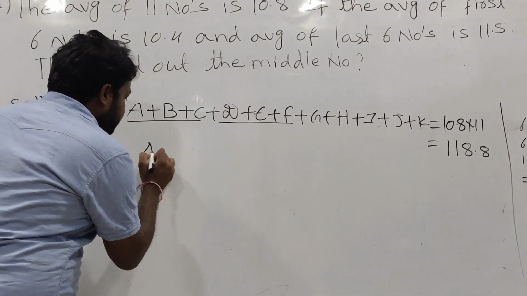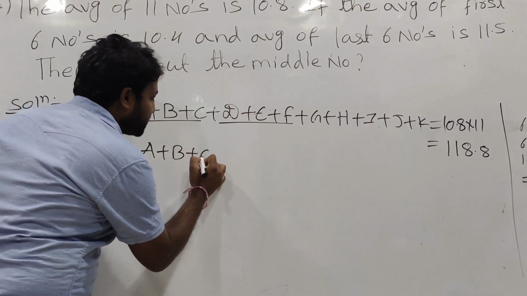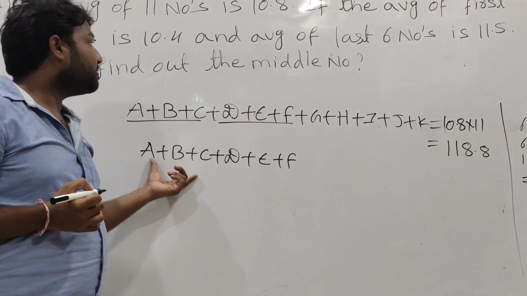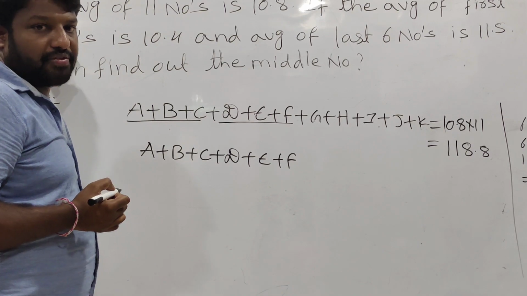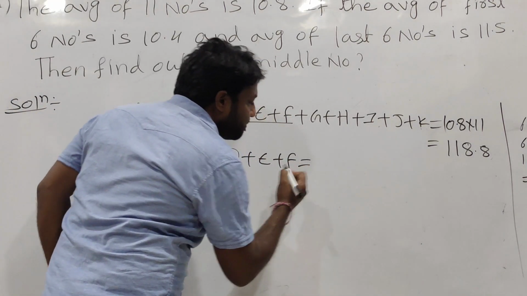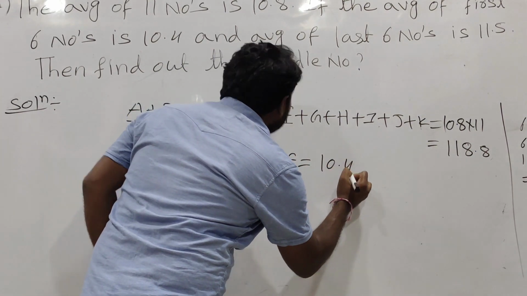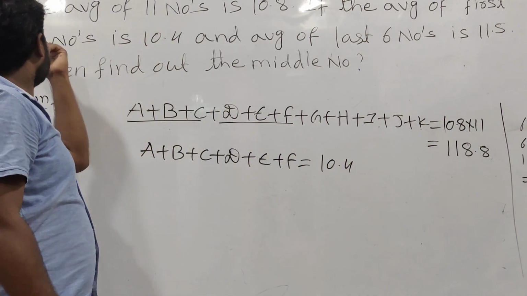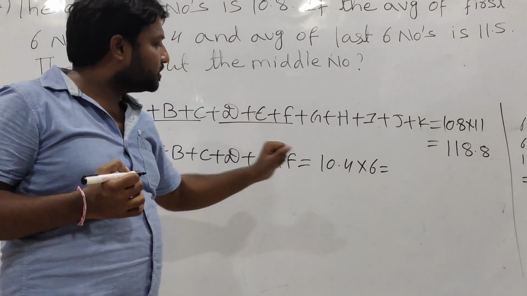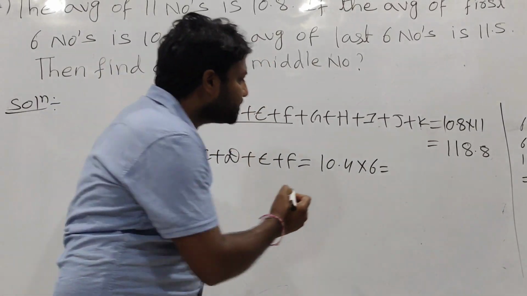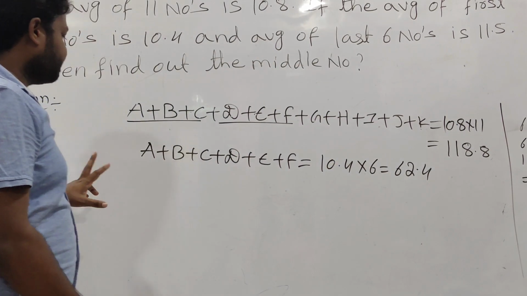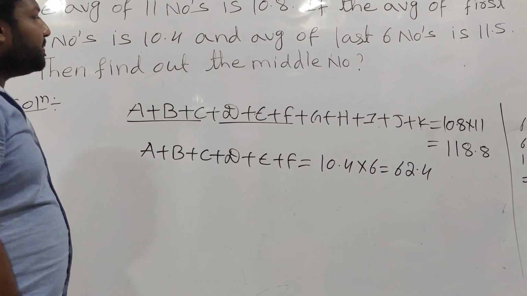Sum is nothing but average into number of observations, so first 6 numbers sum is 10.4 into 6. What is this value? This is nothing but 62.4. That is the sum of first 6 numbers.